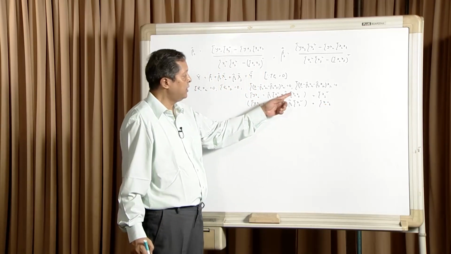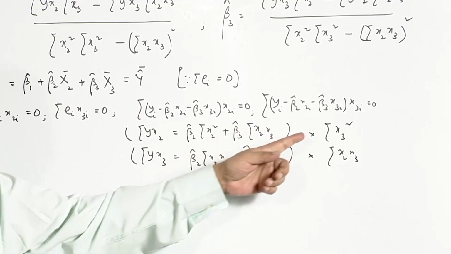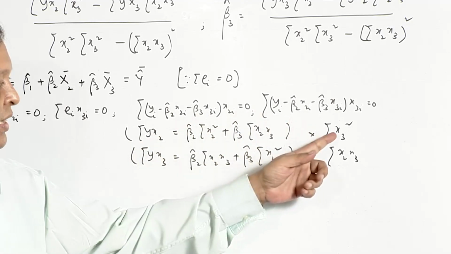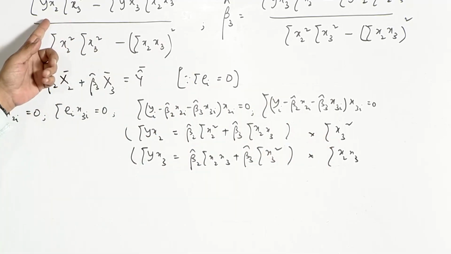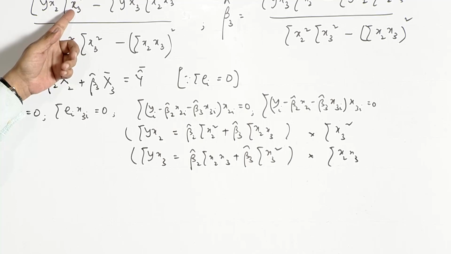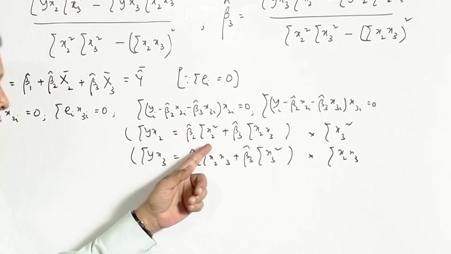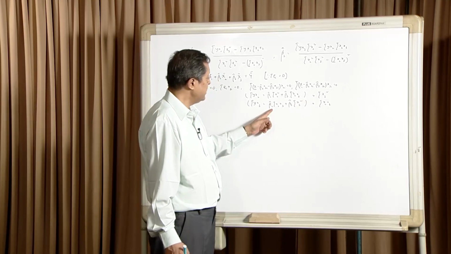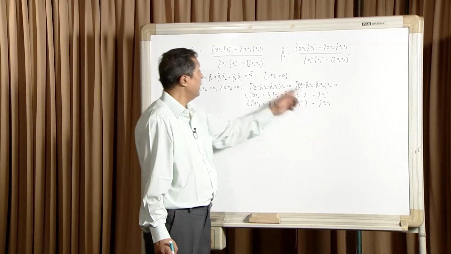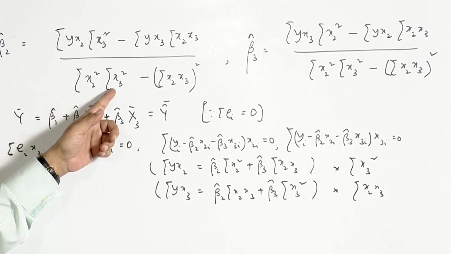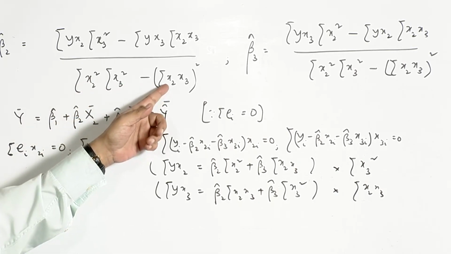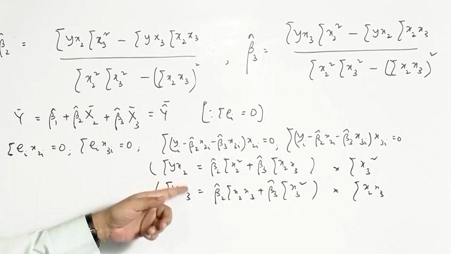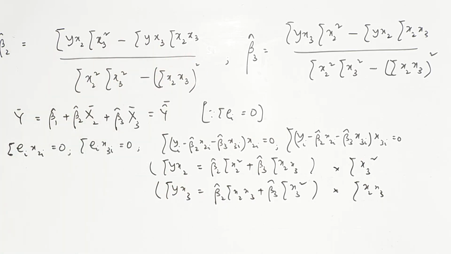So, the beta 3 hat terms will get cancelled. Here you have summation yx2 summation x3 square, and the other term is summation x2 square summation x3 square minus summation x2 x3 whole square. So, we can eliminate and come to these results.